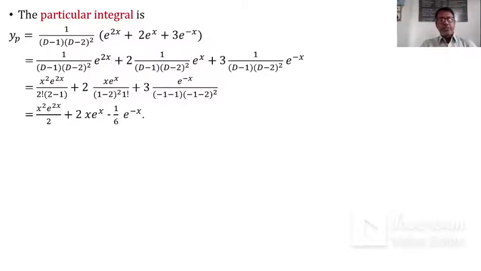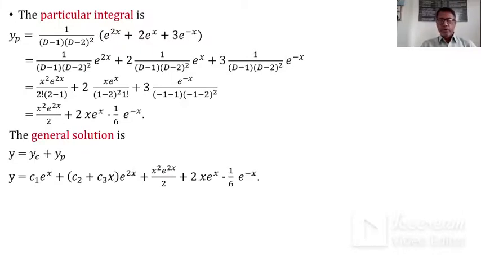After simplification, we get this term. This is our yp. And we know yc and yp, then we write the general solution.